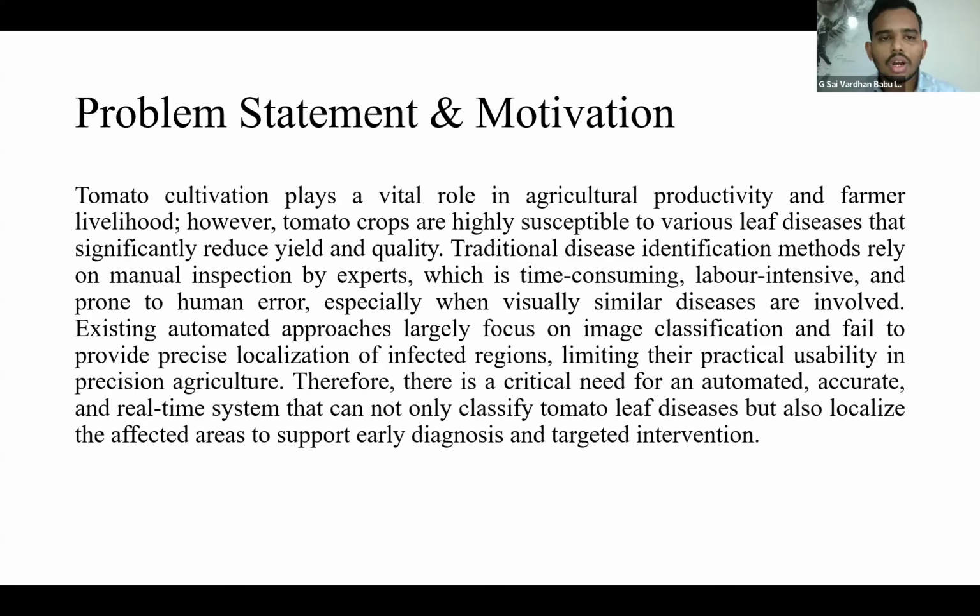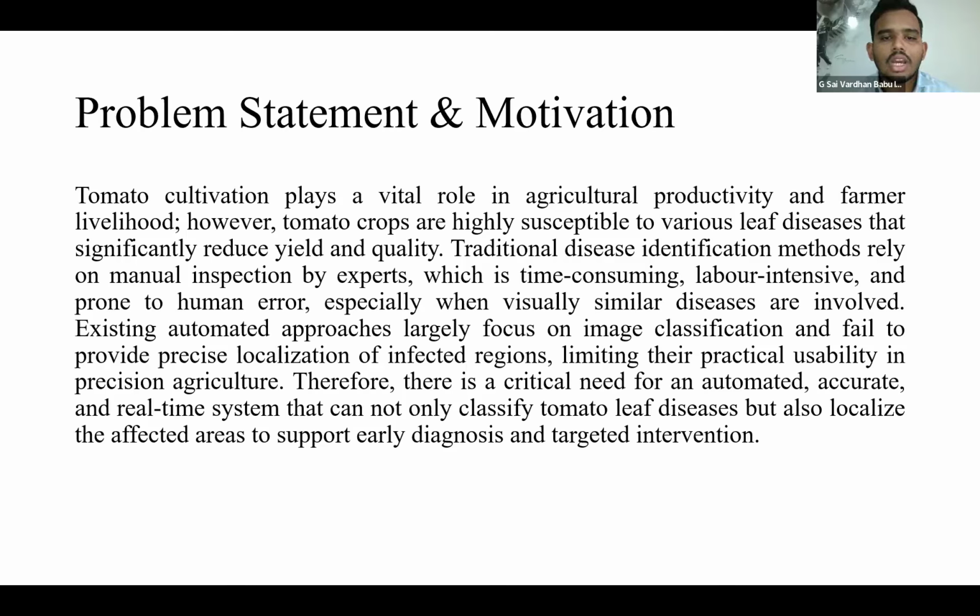Coming to the problem statement of our project, tomato cultivation plays a really pivotal role in Indian agricultural productivity. But at the same time, tomato is highly susceptible to different kinds of diseases, more than 200 types of diseases.